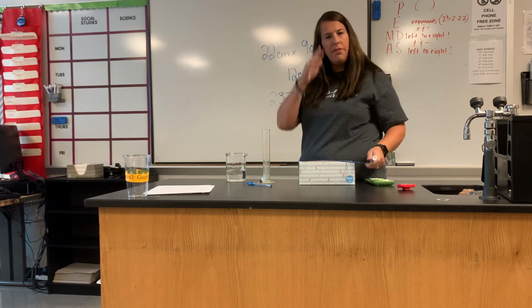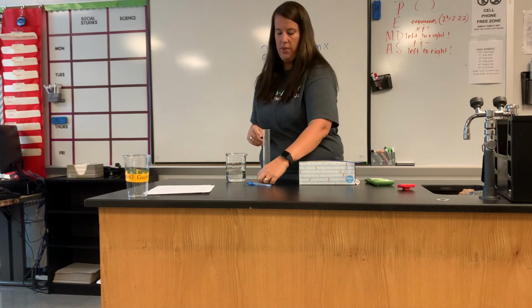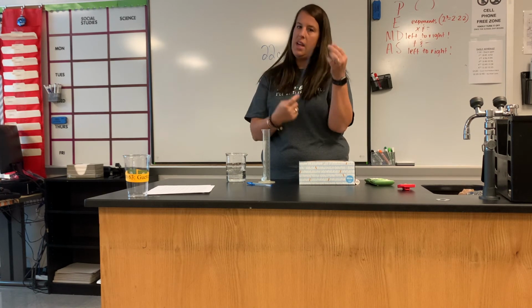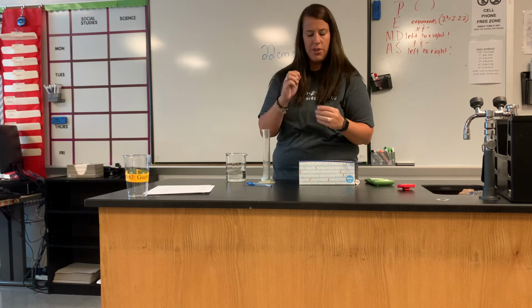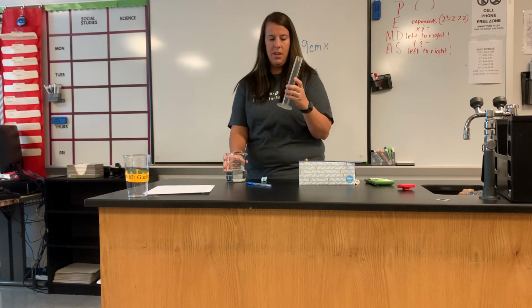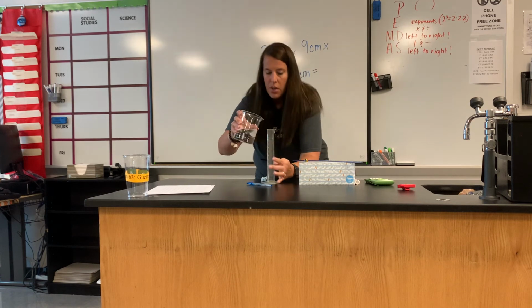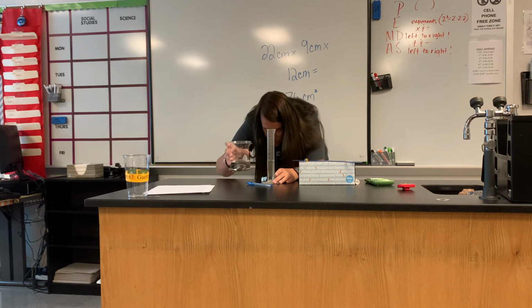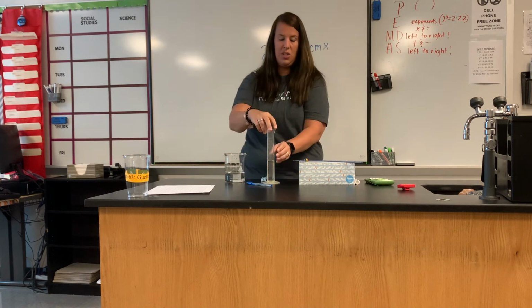Now, what if I want to find the volume of this marble? Obviously, I can't measure the three sides of this marble. So what you do for irregular solids is you take a graduated cylinder, and I'm going to fill it up with water from this beaker. I'm going to go to 50 milliliters.